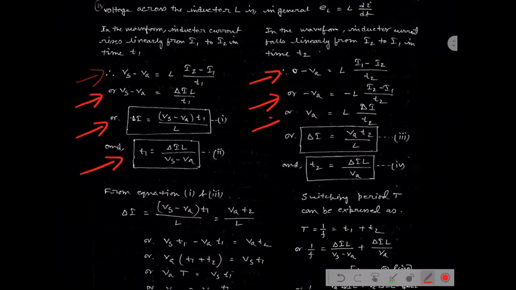And similarly, we can get the result Va equal to L del I by T2. As we know, I2 minus I1 is defined by del I. So similarly, we can again derive the expression del I equal to Va T2 by L, equation number 3, and equation number 4, that is T2 equal to del I L by Va.